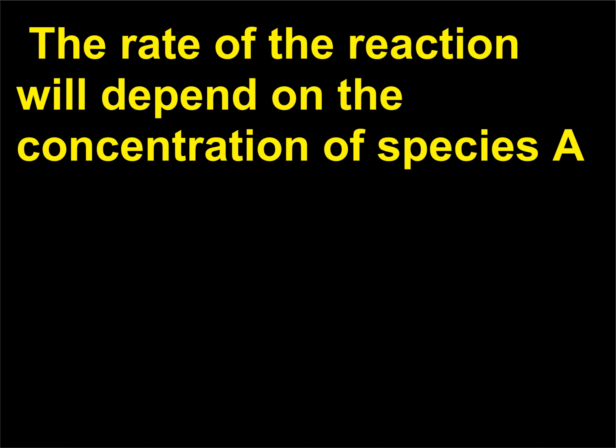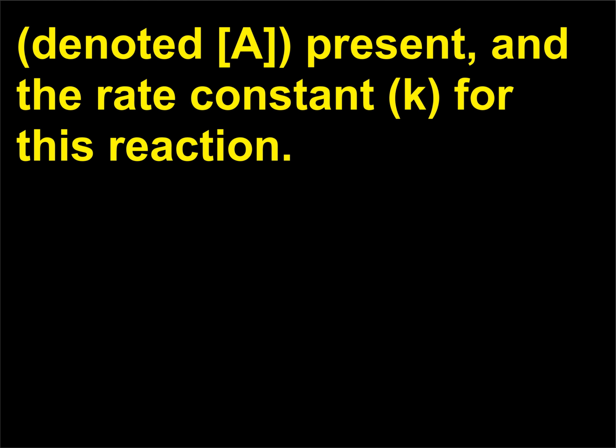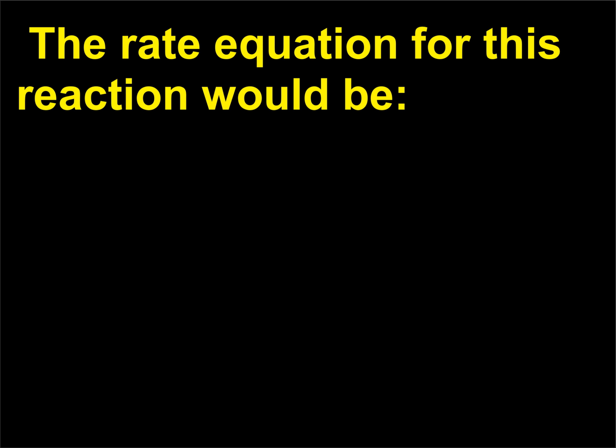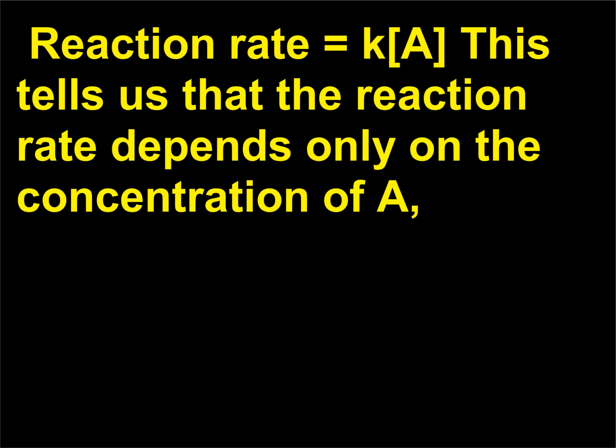The rate of the reaction will depend on the concentration of species A, denoted [A], present, and the rate constant, k, for this reaction. The rate equation for this reaction would be reaction rate equals k[A].